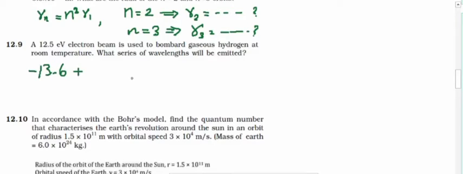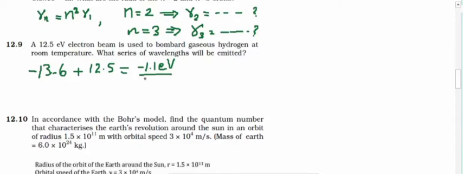And when you bombard the hydrogen with a 12.5 electron volt electron beam, then the electron in the hydrogen atom can absorb a maximum energy of 12.5 electron volt also. So what happens? Its total energy now becomes approximately minus 1.1 electron volt.